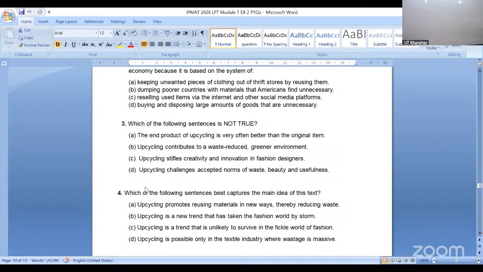Khyati, if you are there, can you give me the answer to number 3? Ma'am, can you tell the meaning of stifles? Stifle means restricts or destroys. Okay. Khyati, what was the answer to 3? I think B. I'm not sure actually.